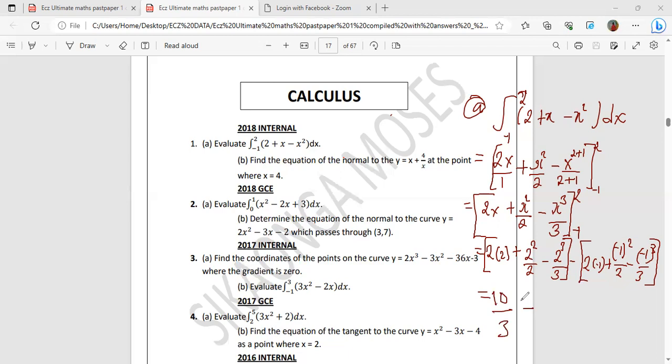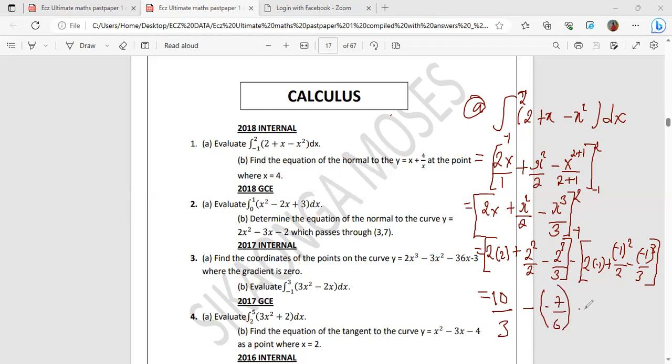No, actually, it's not a minus. It is a positive. All right. So this other side, we get a negative 7 over 6.